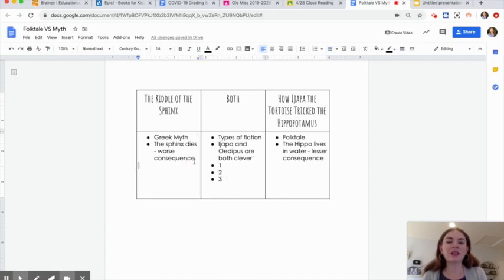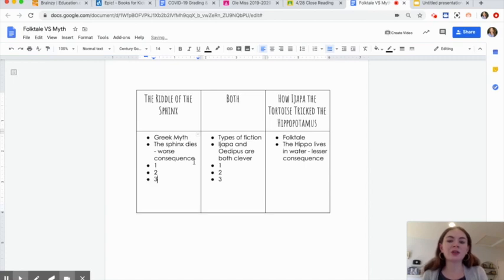And you're going to add six more differences. So you might do 1, 2, 3, 4, 5, 6. So that makes a total of nine more things that you are writing today. So think about it carefully. Maybe you told your turtle something that was different than what I said. That's a great first step. And make sure you are putting what is similar in the middle and your differences on the sides.